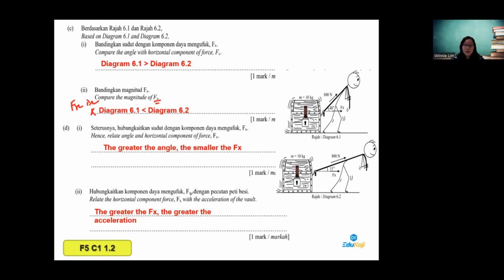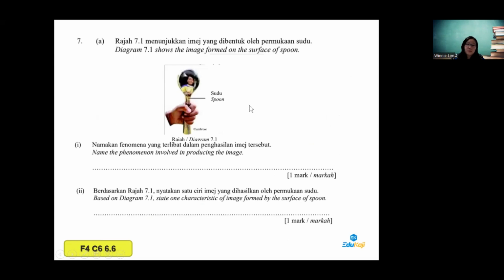Here they have defined what is Fx, so you can use back the term Fx, or you can use the term directly proportional for this idea. You say Fx is directly proportional to acceleration, or the angle is inversely proportional to Fx. You can use this term as well. So this is what we call comparison questions. If you can calculate, of course, you know some basics, then you can compare and you can answer.